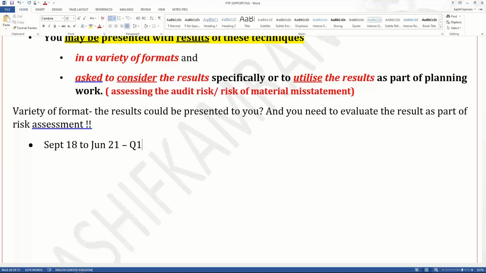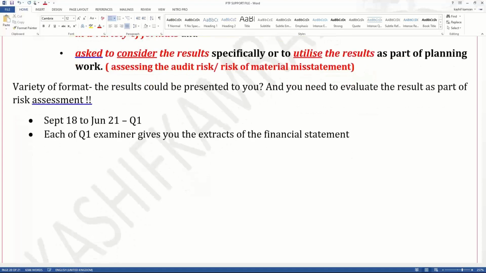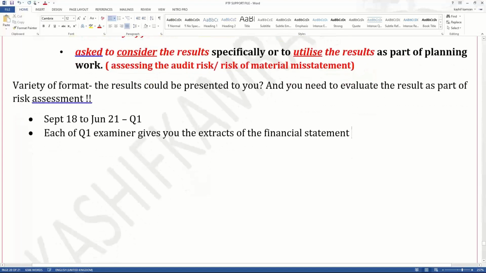You will see that in each question 1, the examiner gives you the extracts of the financial statements. Am I right? Because in question number 1, when you are assessing the risk, you cannot assess the risk without carefully evaluating the financial results.